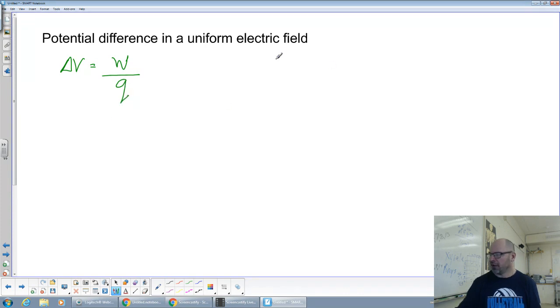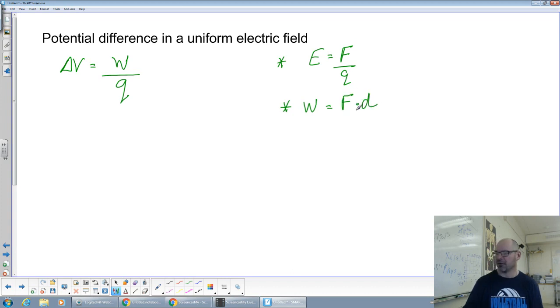And we know that the electric field formula is force over Q. And we know that work from last unit is force times distance that you move something.